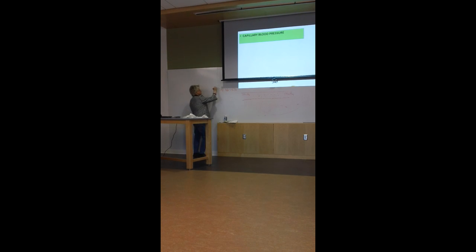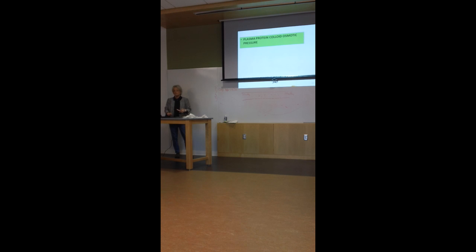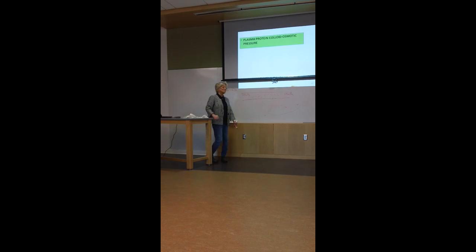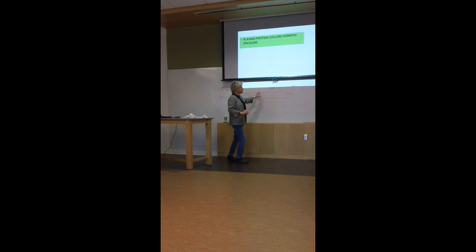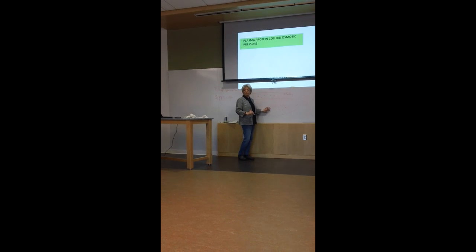So these are the determinants of bulk flow. The next determinant is called plasma protein colloid osmotic pressure. This is the pressure exerted by these proteins, the plasma proteins, which under normal circumstances should not be able to get out.